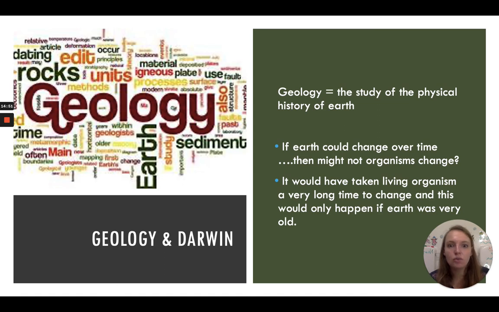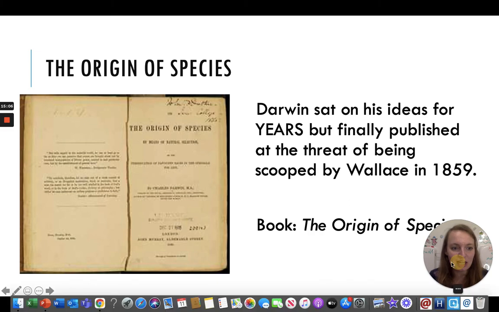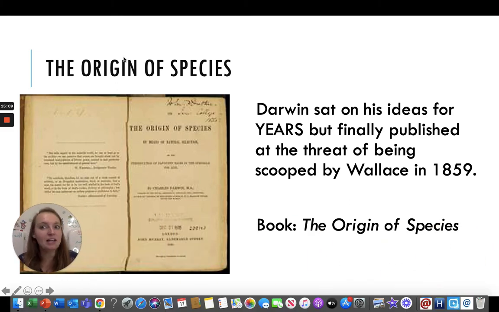And he also realized that it would have taken living things or organisms a long time to change, and this would only happen if the earth was very old. So he publishes, after Wallace sends him this letter and says, hey, I have this idea about evolution, Darwin, at the threat of being scooped, does publish all of these years of ideas in a book called The Origin of Species.